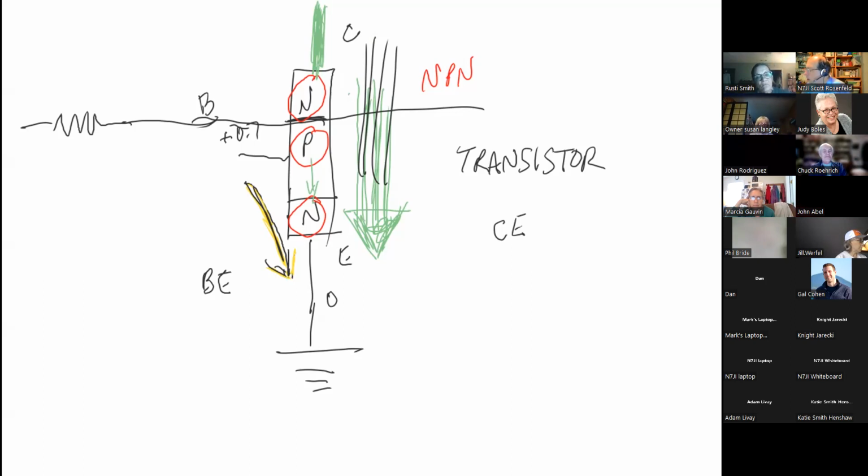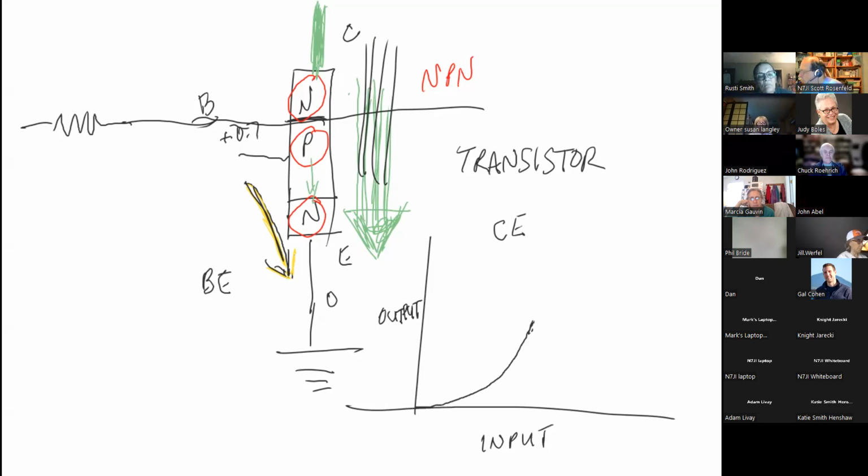Because if we were to draw a relationship between input and output signals, so let's draw our input, and here's our output. It would look something like this. At some point, we have our turn on voltage, turn on current.